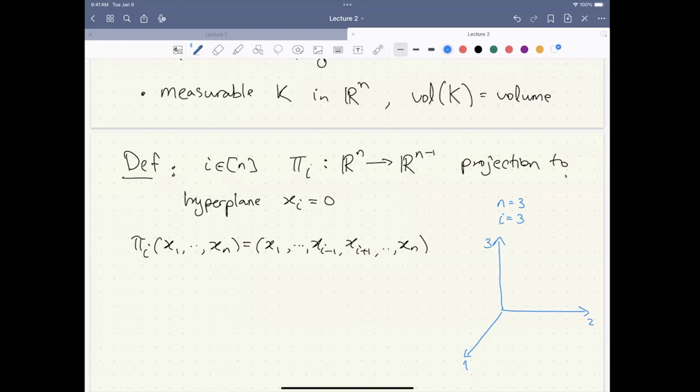Now you have some set here, which is, let's say, x equals (x_1, x_2, x_3).